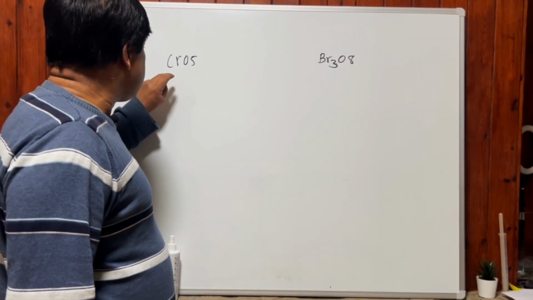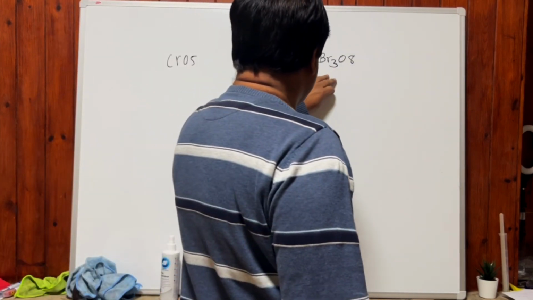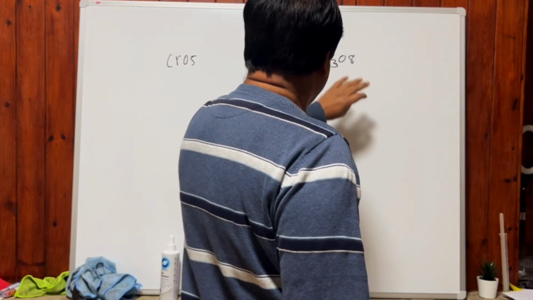Find the oxidation state of chromium in CrO5 and bromine in Br3O8.